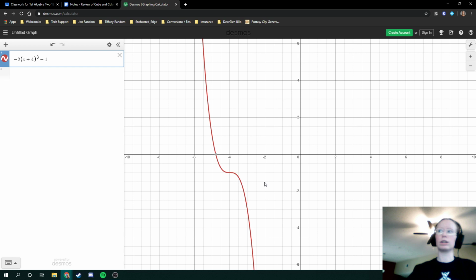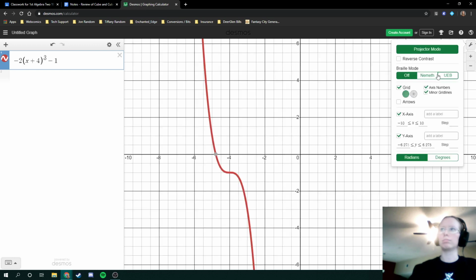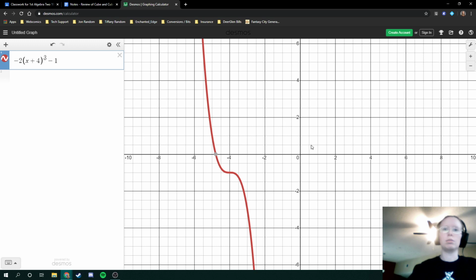Okay, so we were asked to find, let me make this a little bit bigger, the x-intercepts, the y-intercepts, the domain, and the range. So starting off with the x-intercepts, there, -4.079, comma 0. So I'm writing that off on this little sheet of paper off to the side for me right now, just because I can't really switch back and forth too well with the handwriting.